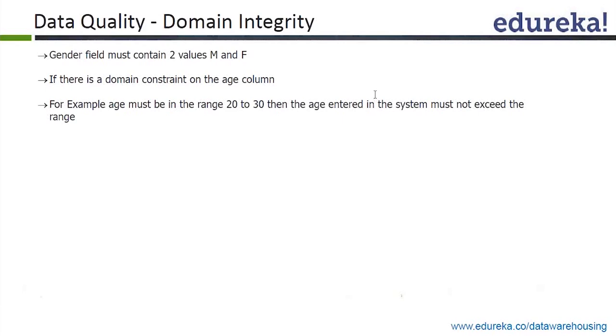The second one which I said about the date format is data accuracy. Sorry, I mentioned it wrongly here. But the domain means the set of values which your data has to follow. So the example here is that your date should fall between 20 to 30. If it exceeds or is less than that, then it should be rejected.